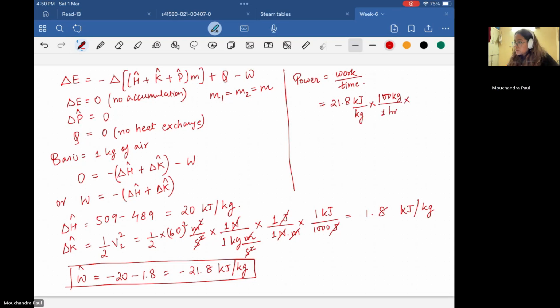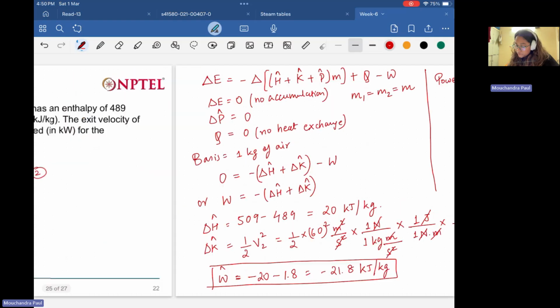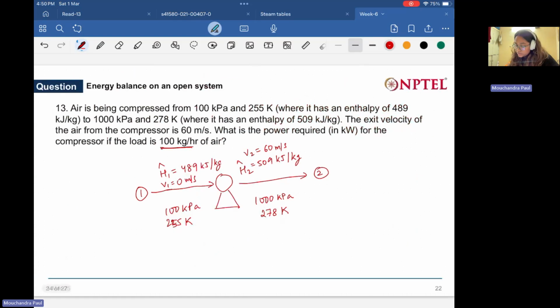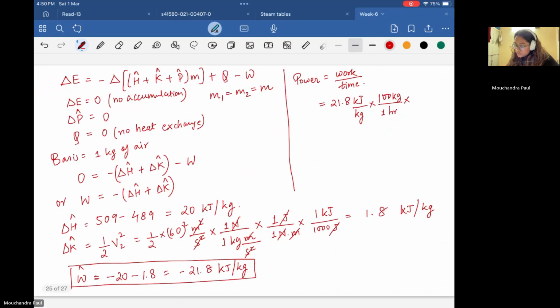And the unit that we have to get the value in is kilowatt. So 1 kilowatt is basically 1 kilojoule per second. All right. And 1 hour is there, so we have to use 1 hour is 3600 seconds.